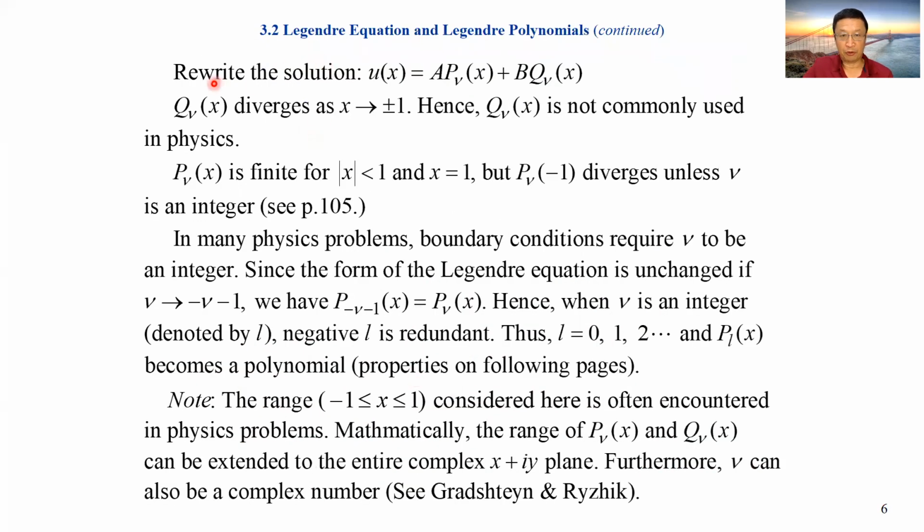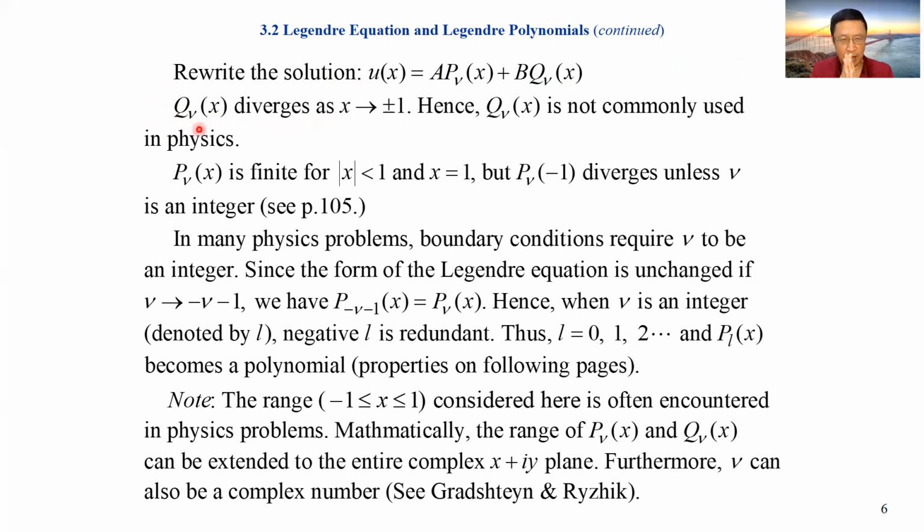Okay, we can rewrite the solution. Once again, A and B are coefficients to be determined. And a physical understanding of an equation is unmathematical and imprecise. Here is an example.